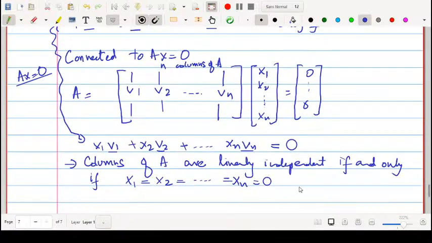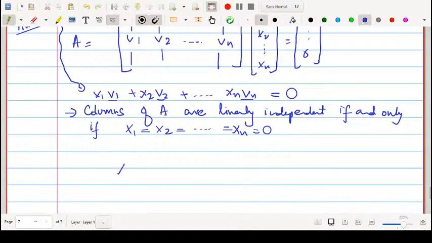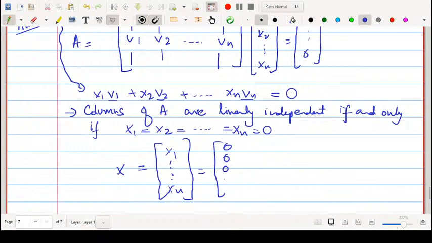But if all of these scalars are 0, what does that tell you about the solution to Ax equals 0? It's telling me that the solution x1 dot dot dot xn is just the trivial solution. So in other words, if all of them are 0, that means Ax equals 0 only has the trivial solution.